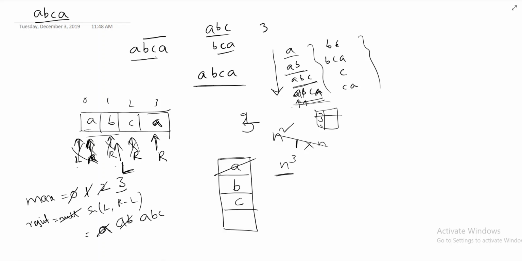R is incremented, and R is out of the length now. So whatever is present in max and result will be the result. So max is 3 and ABC is the distinct one.